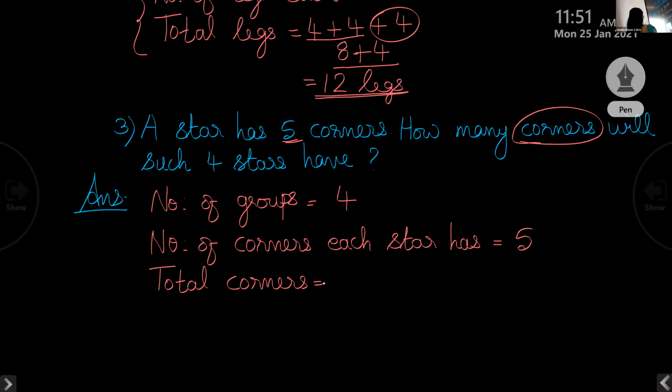How many times? 4 times. Okay, good. The number of corners is to be repeated according to the number of groups. Groups are 4, so 5 is to be repeated 4 times.